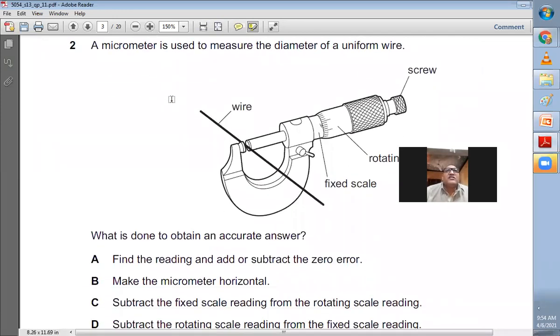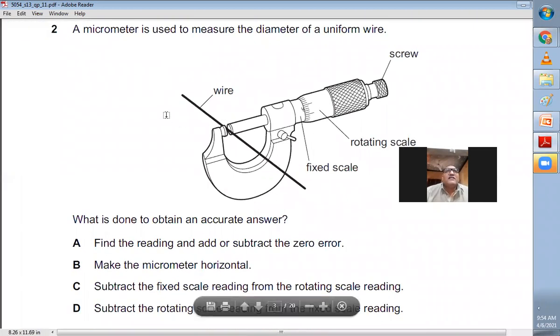The next question is on your screen. It says a micrometer is used to measure the diameter of a uniform wire. What is done to obtain an accurate answer? Find the reading and add or subtract the zero error.